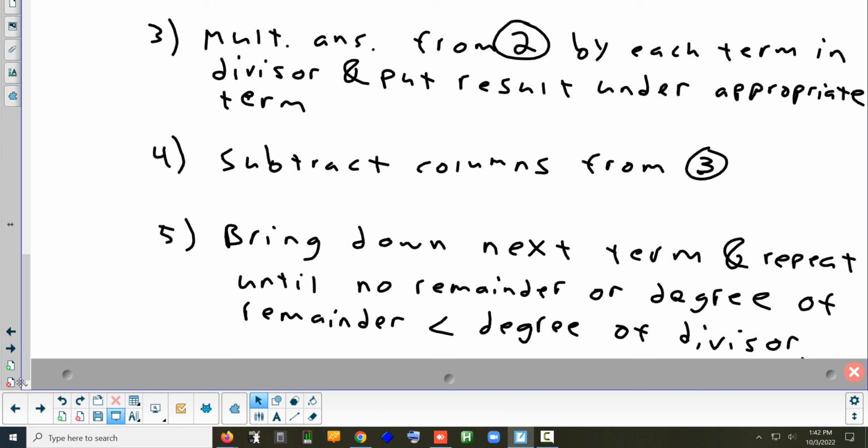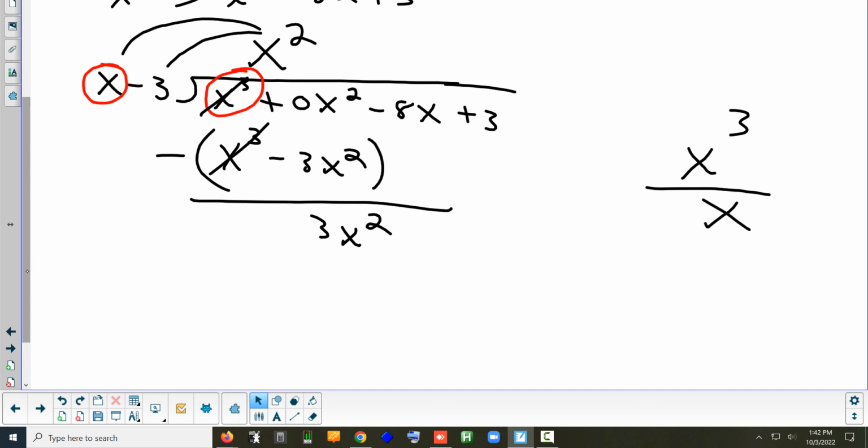On this problem, we are not going to get no remainder. We're going to know we're done when the degree of the remainder is less than the divisor. So the degree here is a 2. Degree here is still a 1. Okay, so bring down the next term. And now repeat the process.